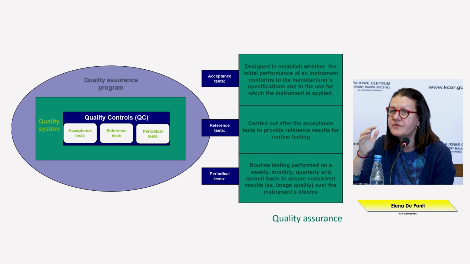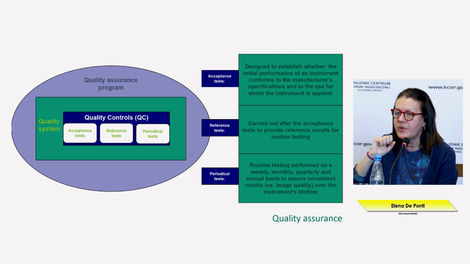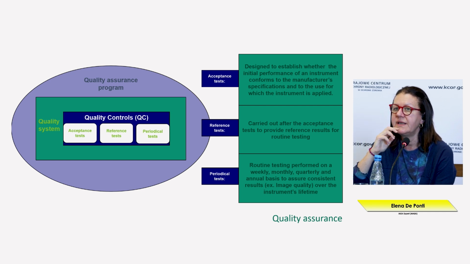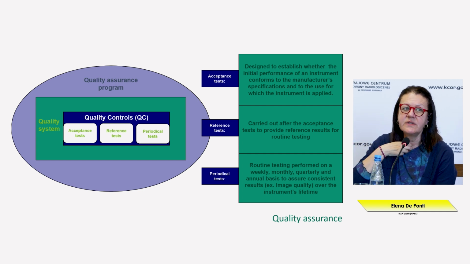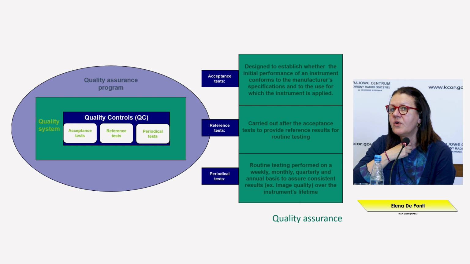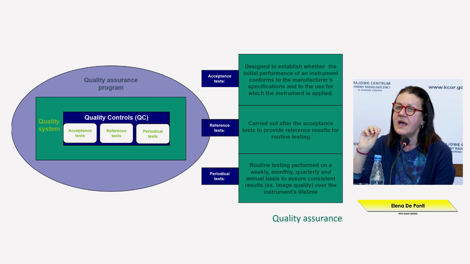We have to establish very well when we provide the radioactivity, we measure the radioactivity, we inject the radioactivity, how we can organize the waiting of the patient for the uptake time, and so on. And within the quality system, that is a very well described collection of procedures and documents, we have also the quality controls that can be divided into three main groups.